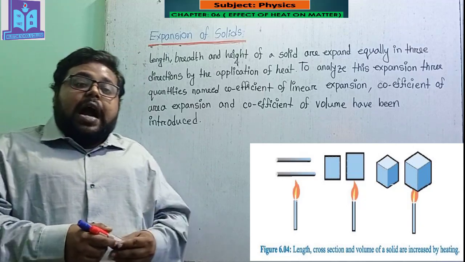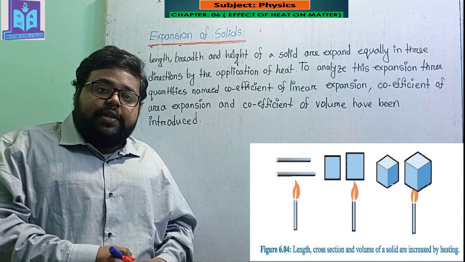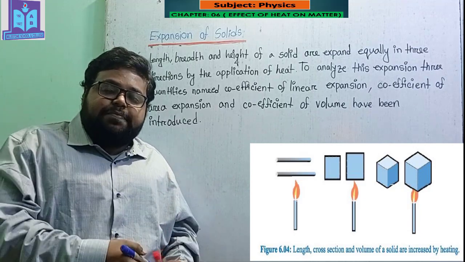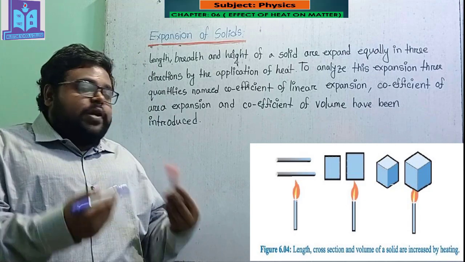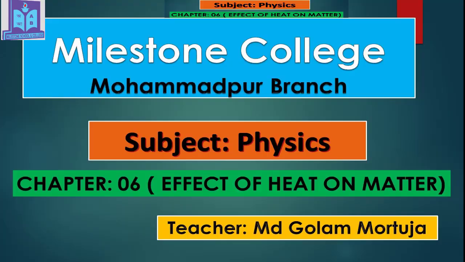And now I will discuss with you what is the linear expansion of a solid, what is the area expansion of a solid, and what is the volume expansion of a solid, okay?